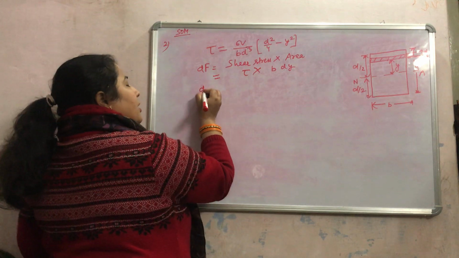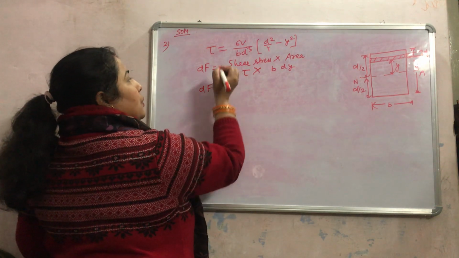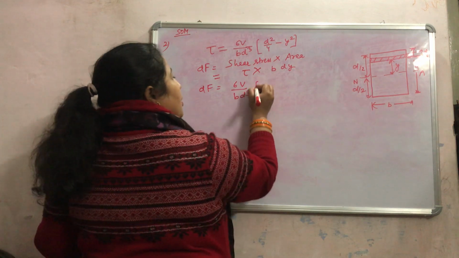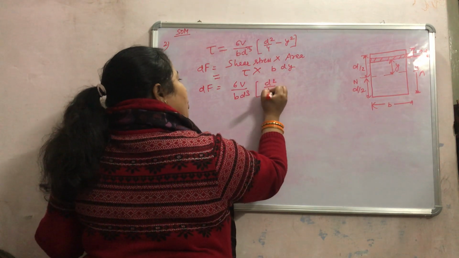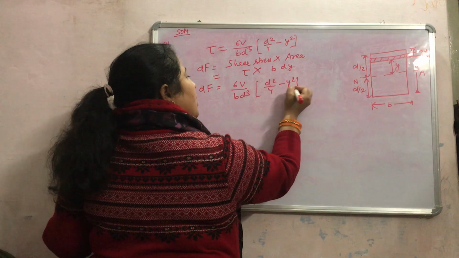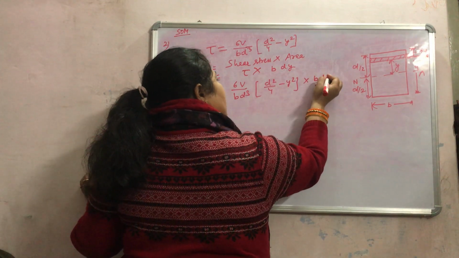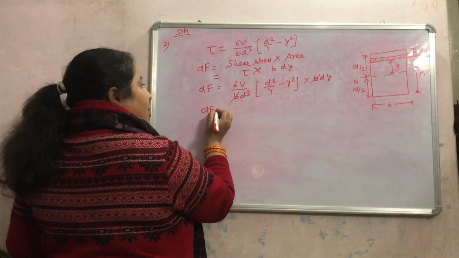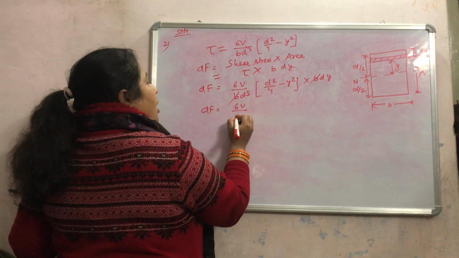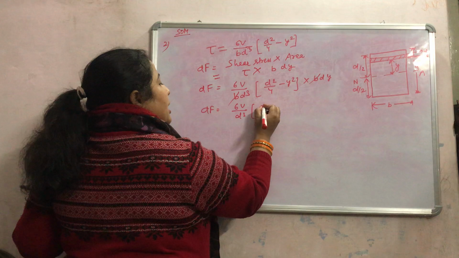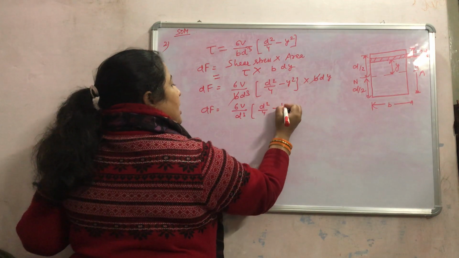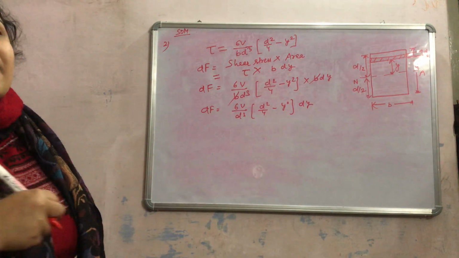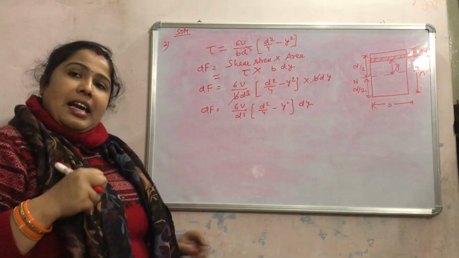So dF equal to 6V upon b d cube into (d square upon 4 minus y square) into b into dy. Cancel out b with b. So dF equal to 6V upon d cube into (d square upon 4 minus y square) dy. This is the shear force on this layer.